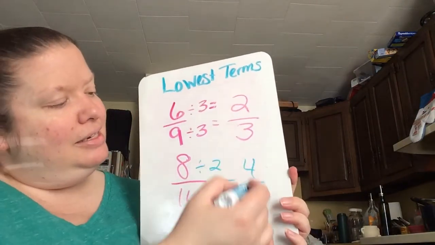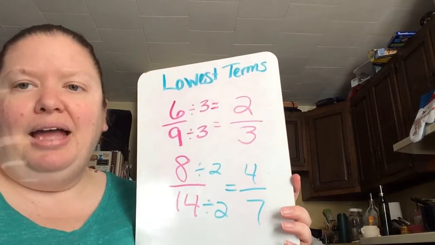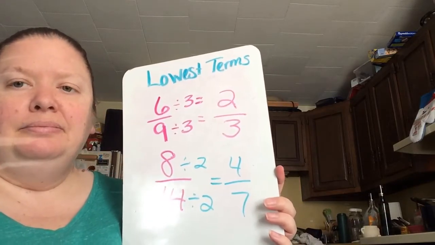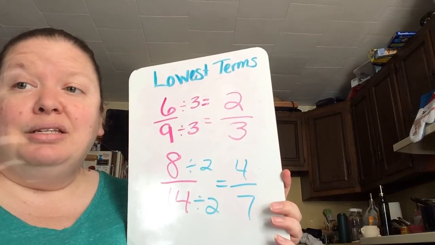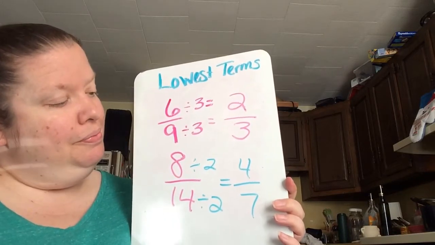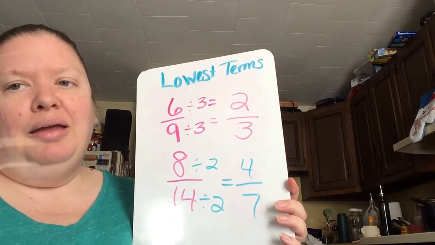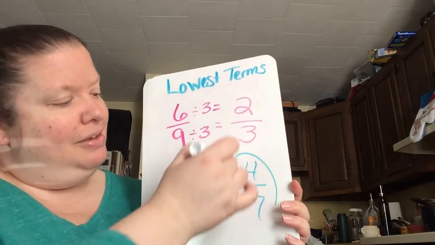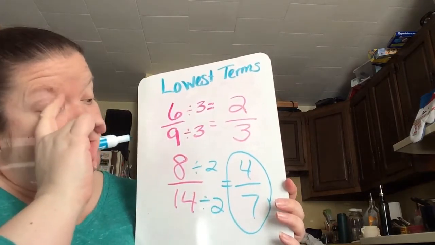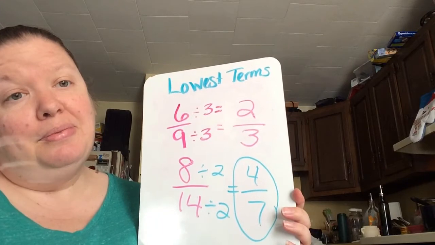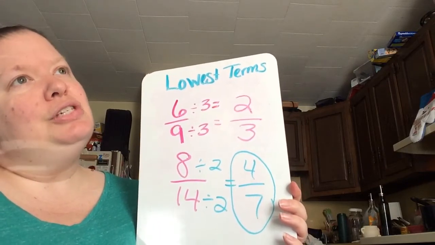Is there anything I can divide 4 and 7 by to make those smaller? No, they don't have anything else in common. So I am going to say that 4/7 is the lowest terms for 8/14. Now, what words did you just hear me say?